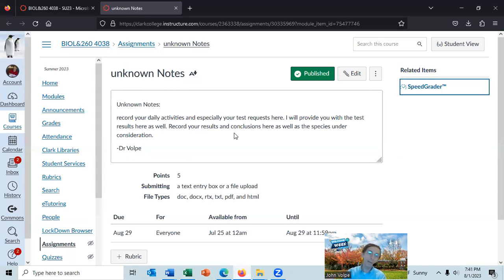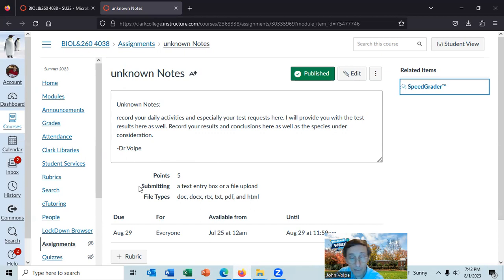Your unknown notes pages, if you write it up very formally, will be very similar to what you're recording in the lab report. And some people like to be very formal, and then they just copy their unknown notes page, especially if they're adding to it each time, and then they submit that for their unknown project.